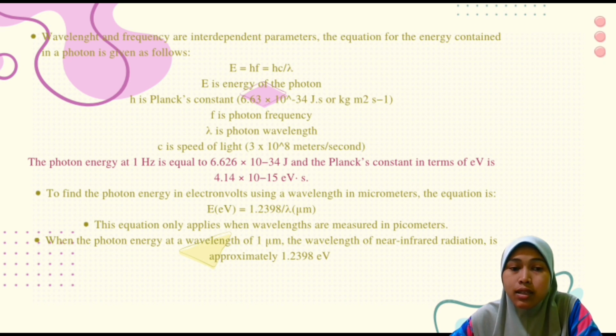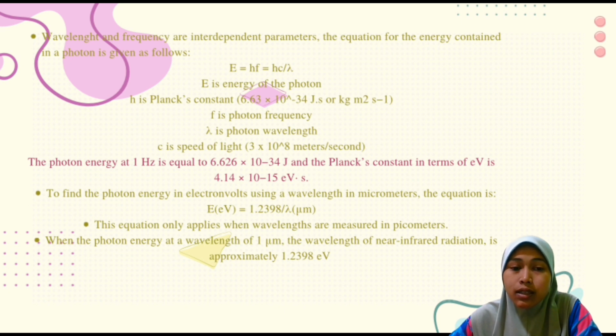The photon energy at 1 Hz is equal to 6.626 multiplied by 10 to the power of negative 34 joules, and the Planck constant in terms of eV is 4.14 multiplied by 10 to the power of negative 15 eV.